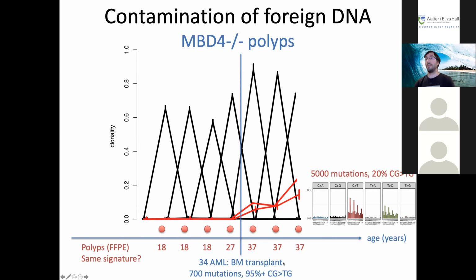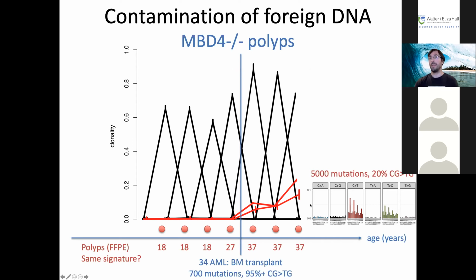So this is the bone marrow donor introducing us a different germline, different DNA that then has ended up in the polyps and got sequenced. And we see here around 10% of the DNA in these last 3 is actually this bone marrow DNA.